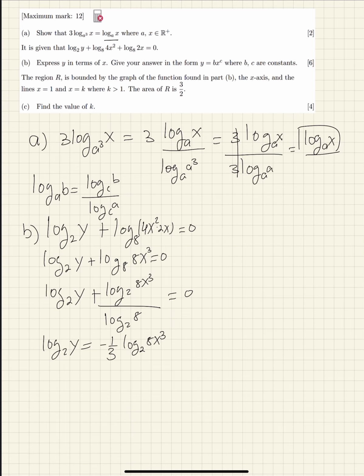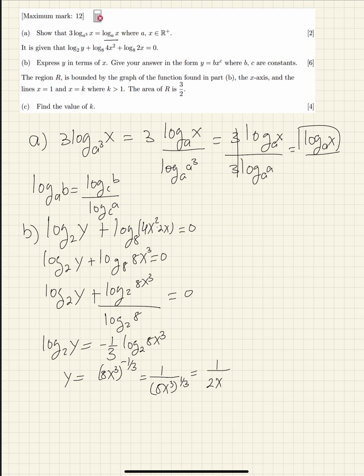So that y is equal to 8x cubed to the power of negative 1/3, which is equal to 1 over the cube root of 8, which is 2, times the cube root of x cubed, which is x. And so that's what we have.